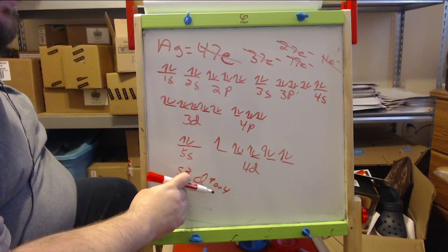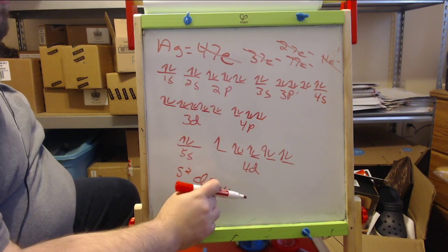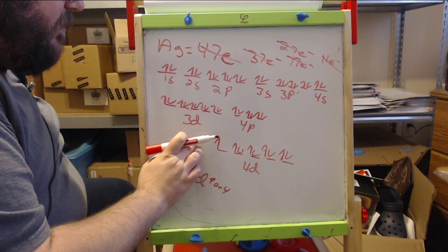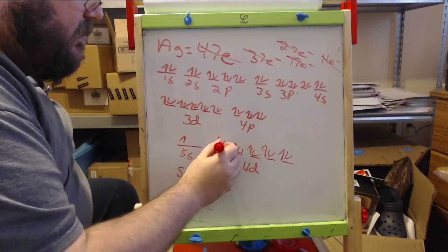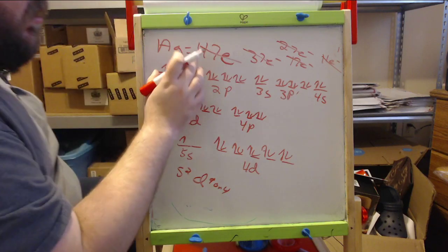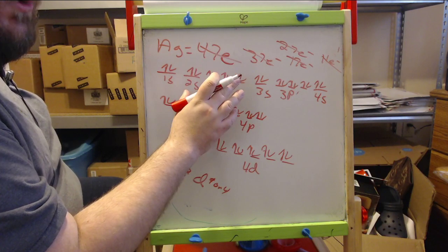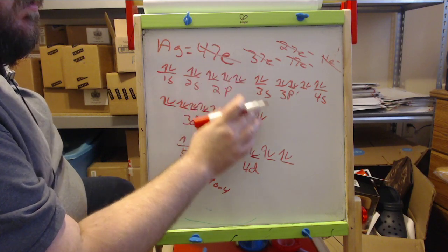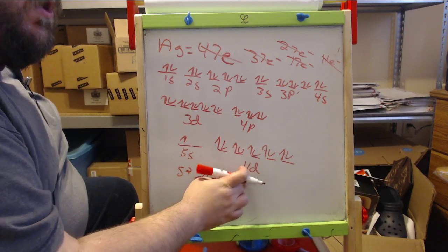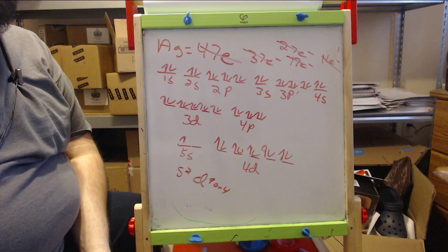Do you have this situation where there's an s2 with a d9 or a d4? This electron will get moved from the 5s to the 4d. And silver's real electron configuration isn't 4d9 5s2. It's 4d10 5s1, and that's why silver's always a +1 charge.